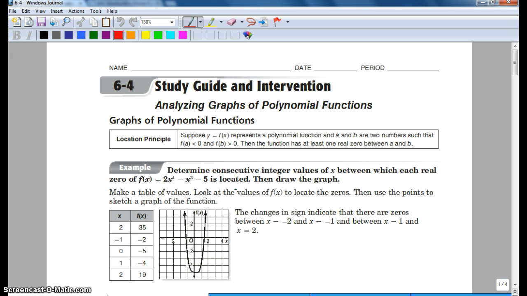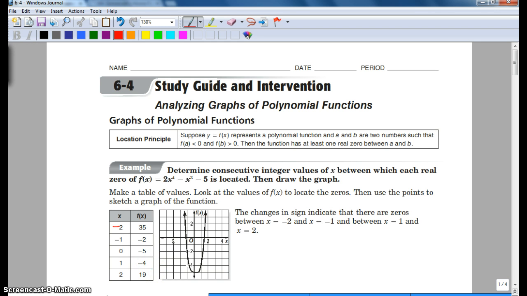You look at the values of f of x to locate the zeros, then use the points to sketch a graph of the function. Okay. So the values that are substituted in here are going to be negative 2, negative 1, 0, 1, and 2. The outputs they give us are 35, negative 2, negative 5, negative 4, and 19.